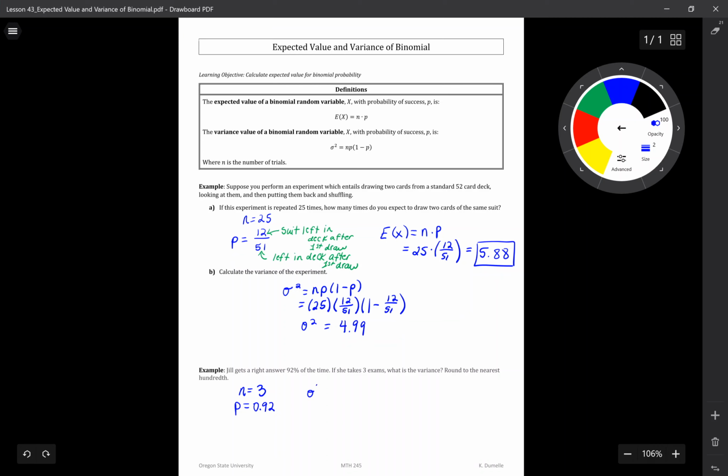So our variance is equal to np times 1 minus p. That is 3 times 0.92 times 1 minus 0.92, which is 0.2208. That is the variance here.